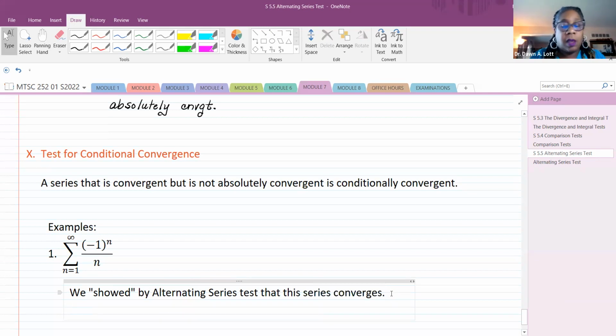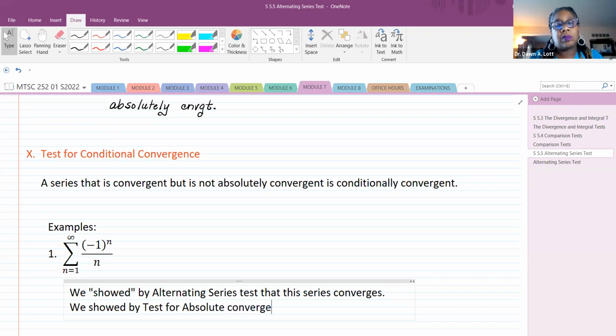We showed by the test for absolute convergence that this series is not absolutely convergent.